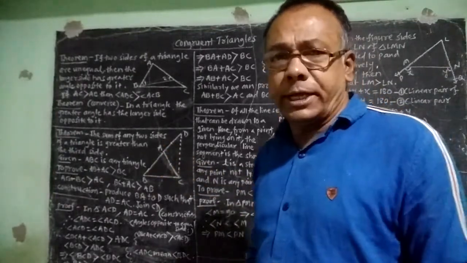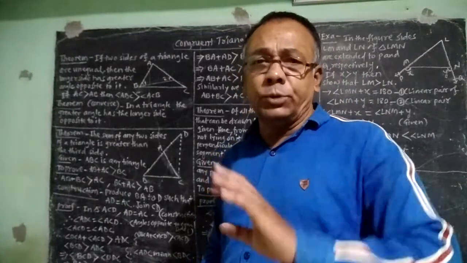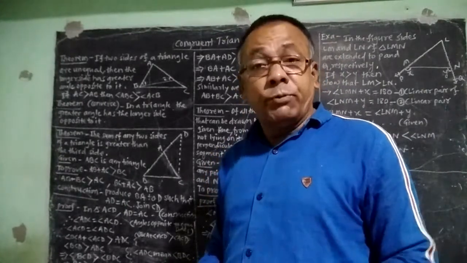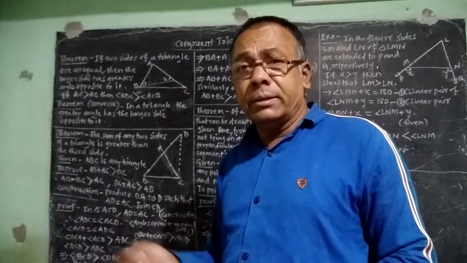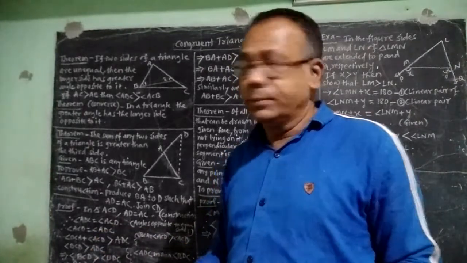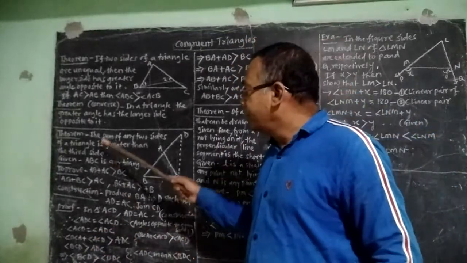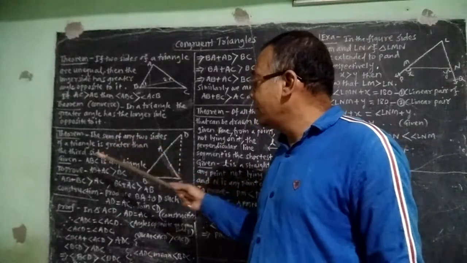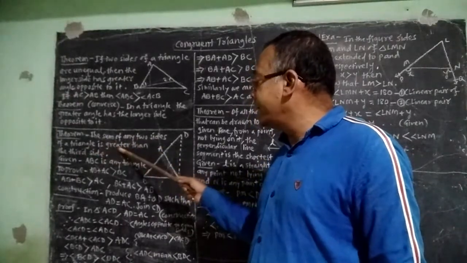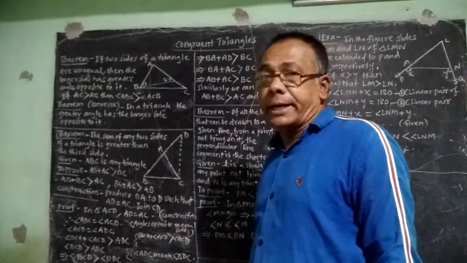So the sum of any two sides of a triangle is greater than the third side.